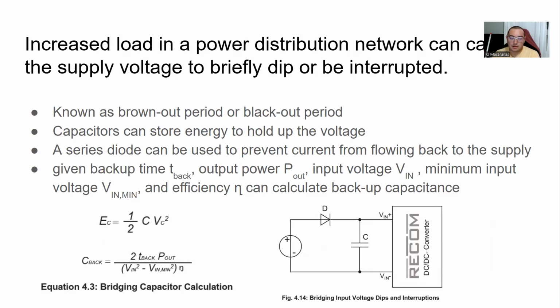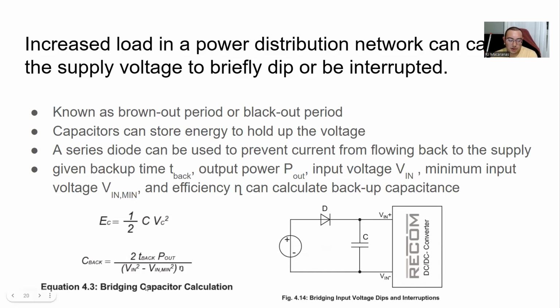But oftentimes we need a way to hold up the output voltage even in these brief input voltage interruptions. One way that we do that is to include capacitors with enough capacitance to store energy and hold up the output voltage while our input is browned out or blacked out.